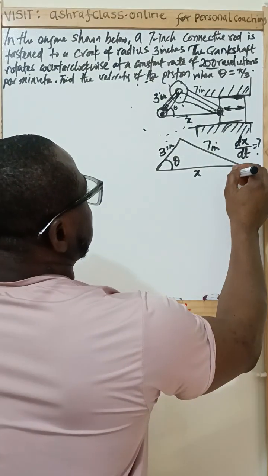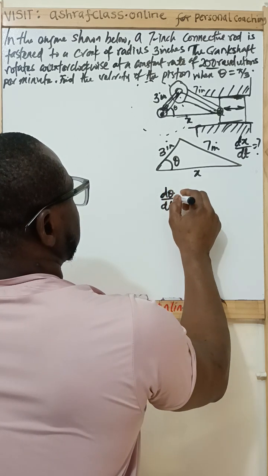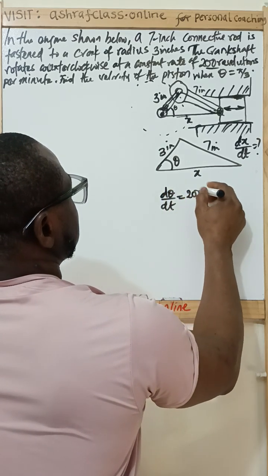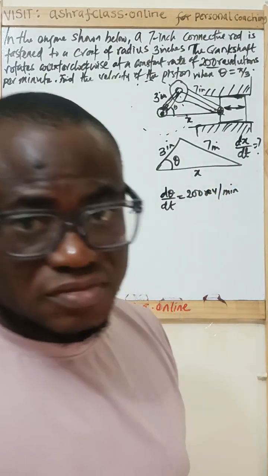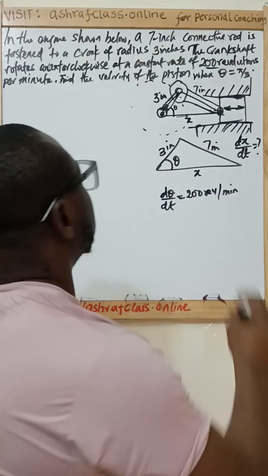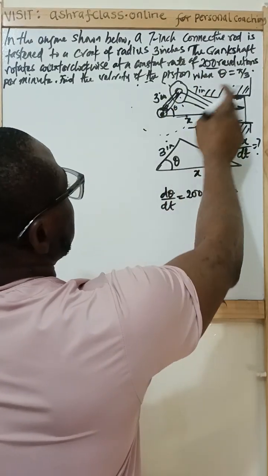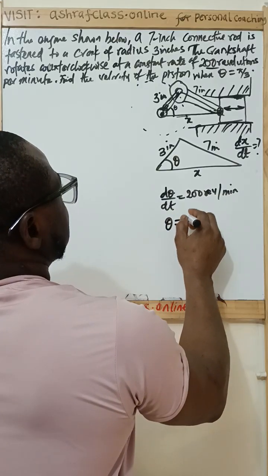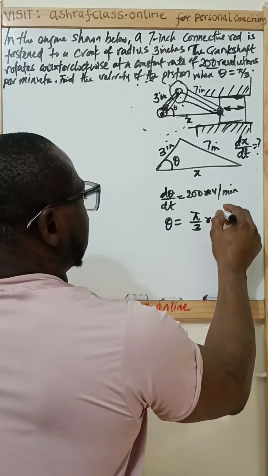We are given dθ/dt, which is 200 revolutions per minute, and we should find the velocity when theta is pi over 3 radian.